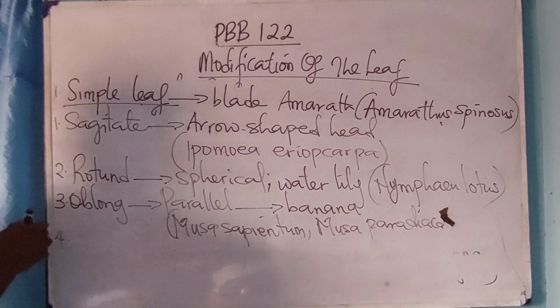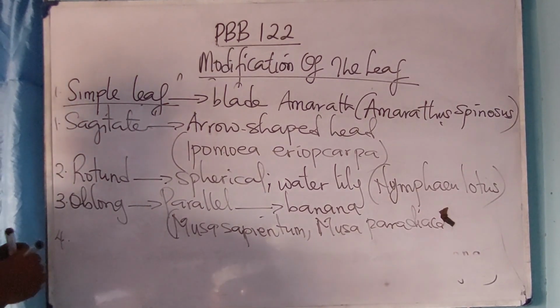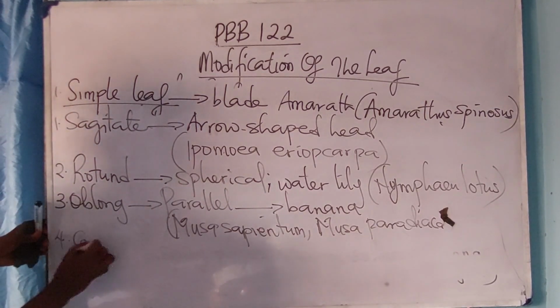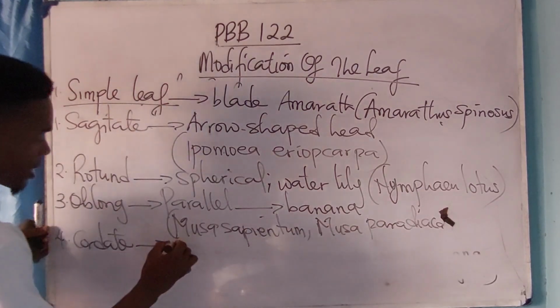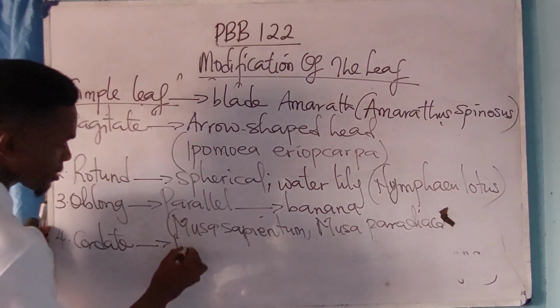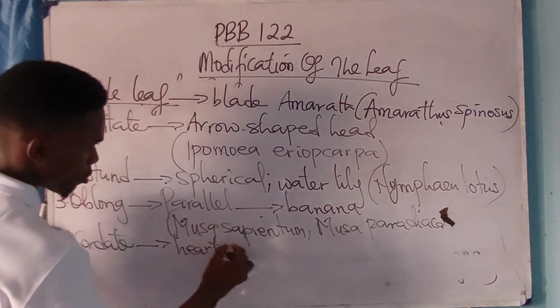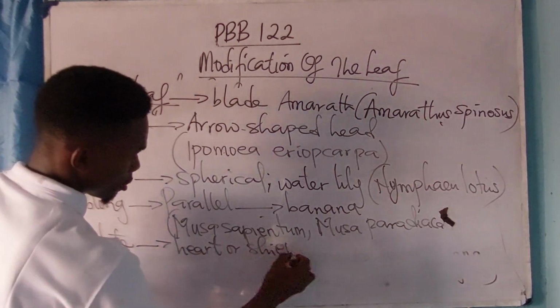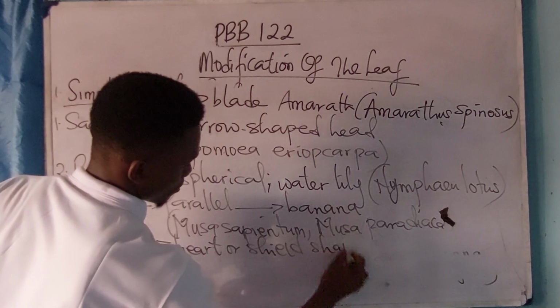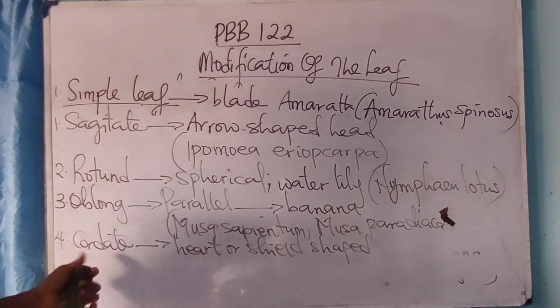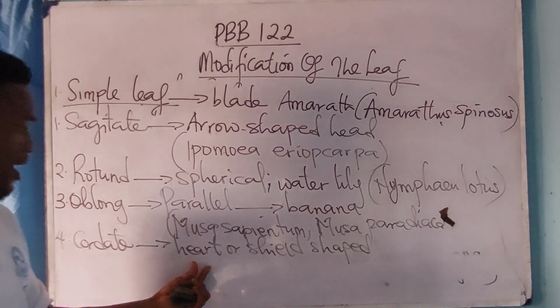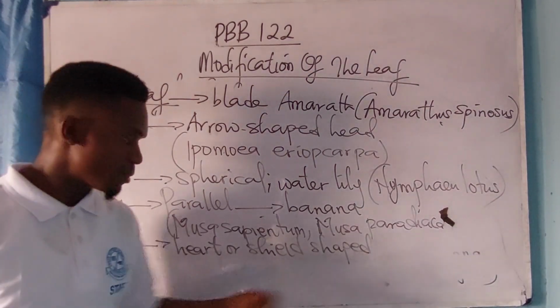Then number 4, a leaf is caudate. A leaf is caudate when it is what? Heart or shield shaped. Alright, a leaf is caudate when it is heart or shield shaped.